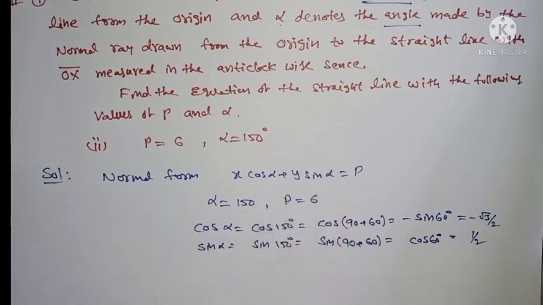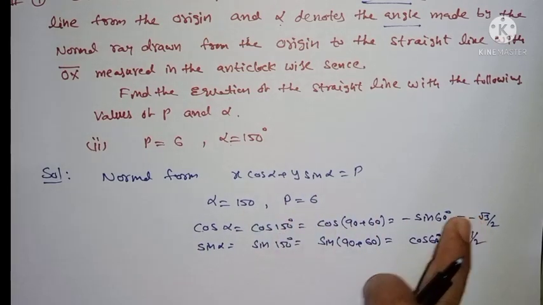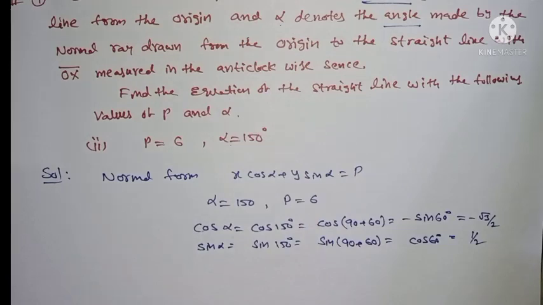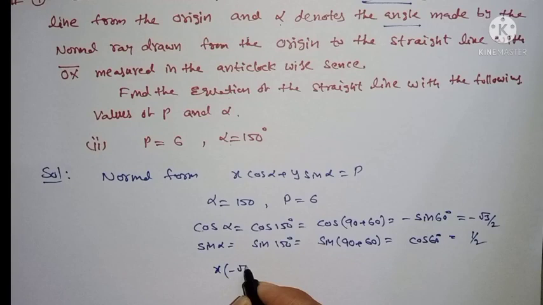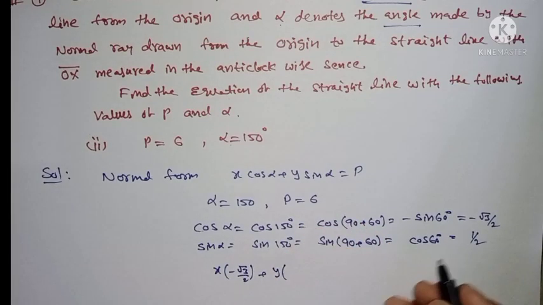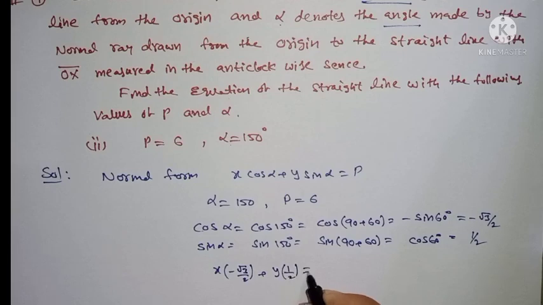Substitute these two values of cos alpha and sin alpha, and P value, and you get the answer: x into cos alpha, which is minus root 3 by 2, plus y sin alpha, which is 1 by 2, is equal to P, which is 6.